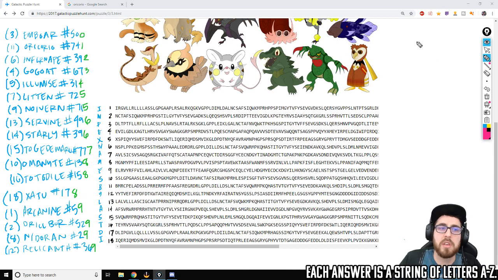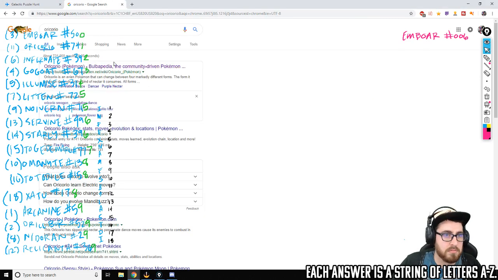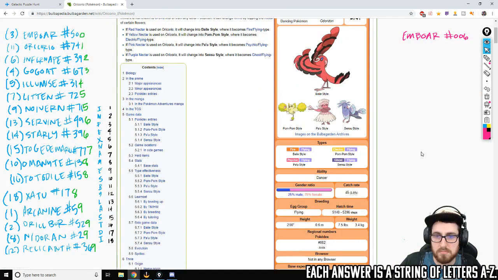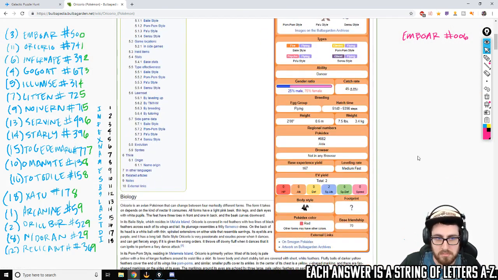Okay, so these are the numbers. Number 6. Yo, look, that lines up perfectly with the Wikipedia page. I meant to do that. I have no idea.